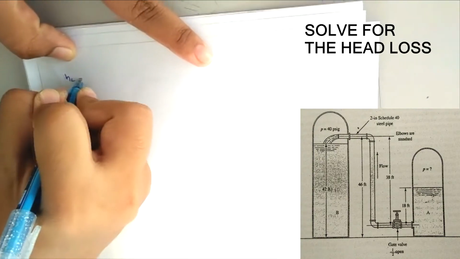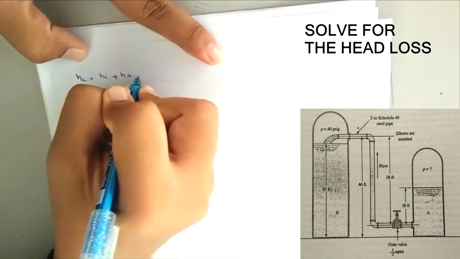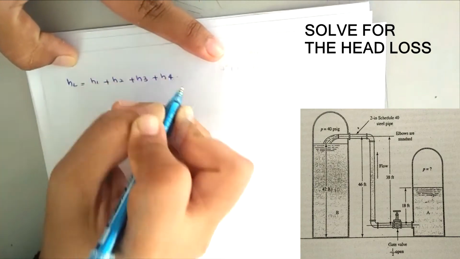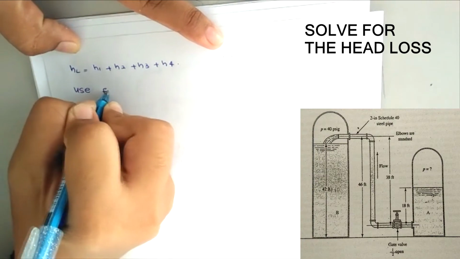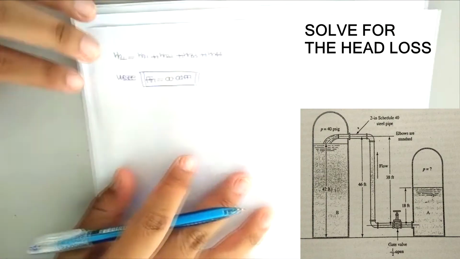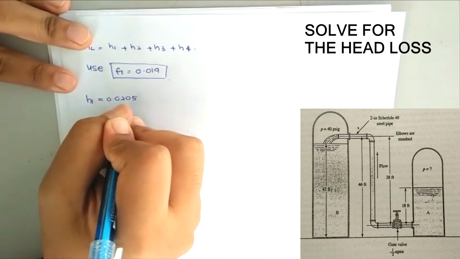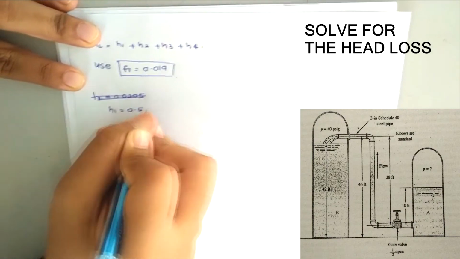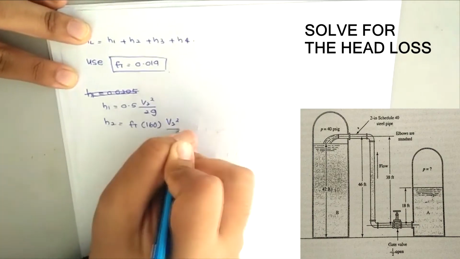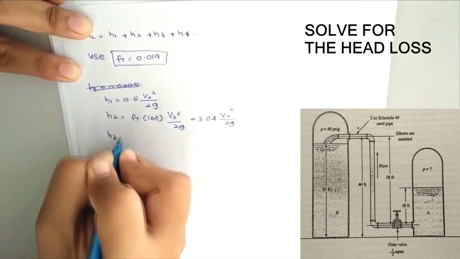Then we calculate the head loss of the pipe, which is the summation of H1, H2, H3, and H4. In this case, we use ft equal to 0.019. H1 represents the entrance, H2 represents the valve, H3 represents the elbow, and H4 represents the friction.